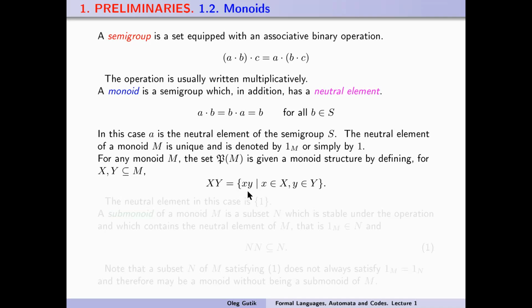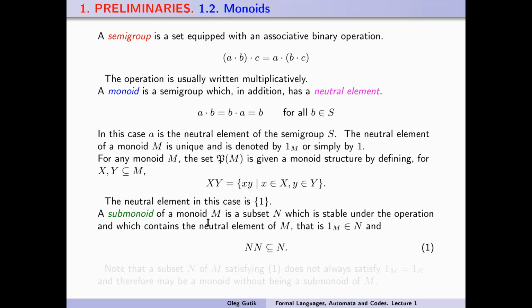This consists of X multiply Y, so that X is from X capital and Y from Y capital. So in the case of monoid P-Gothic M, the neutral element is the singleton set. It consists of the neutral element of the monoid M, yeah?